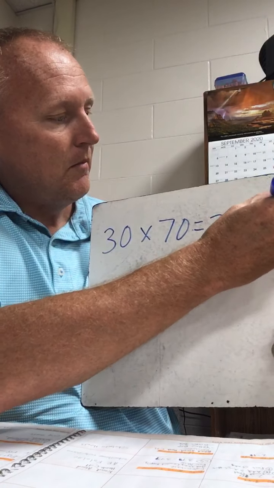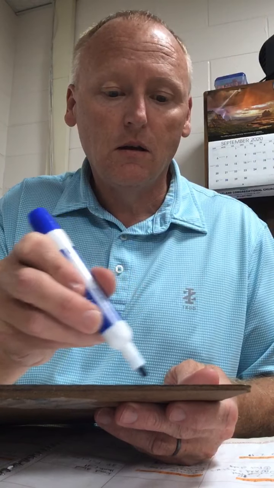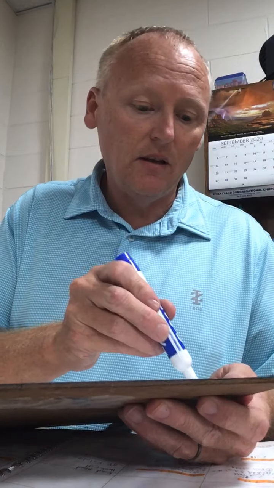Okay, so that's just one example. Let me write down 3 more, and I want you to try to do those 3. Okay, I'll say them as I write them down. 600 times 20. And 80 times 70.